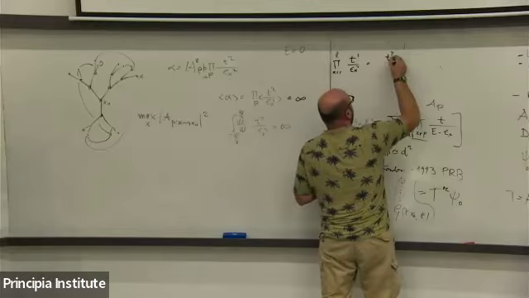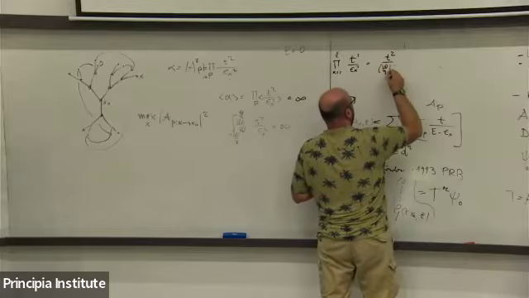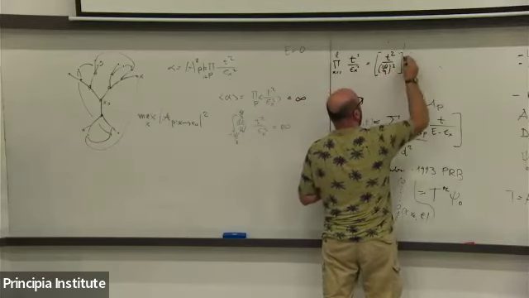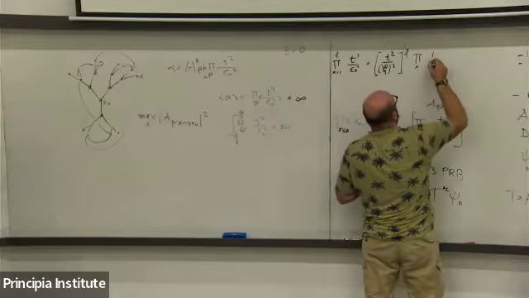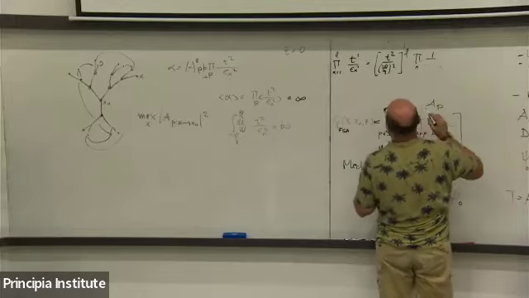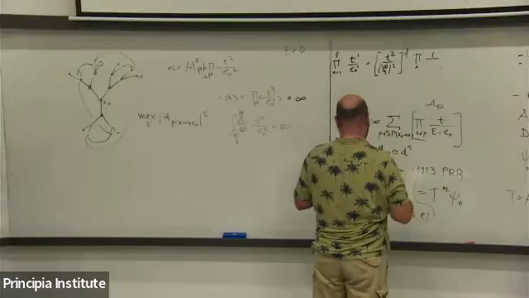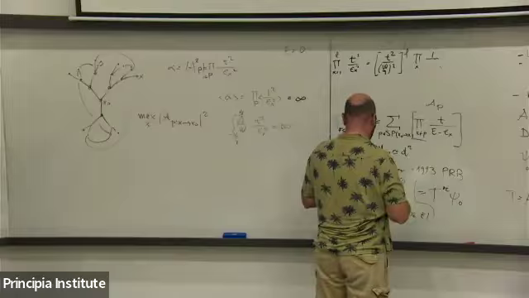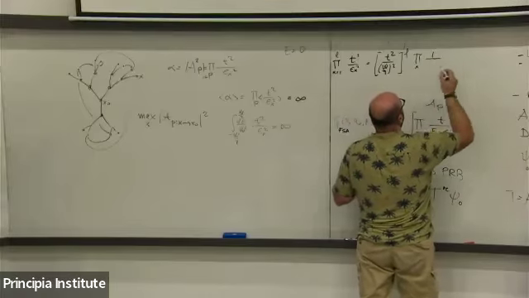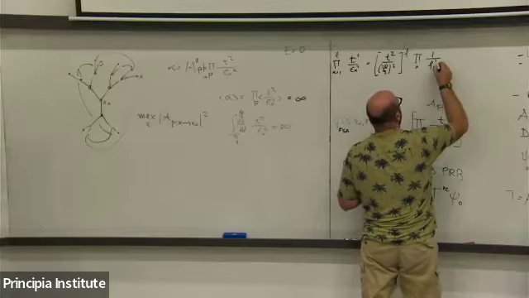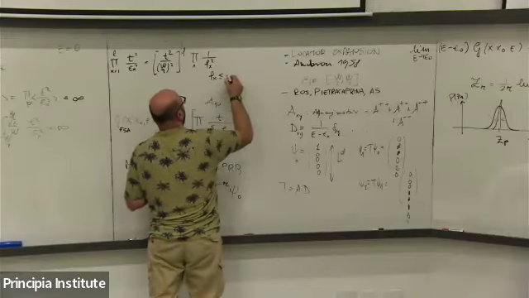This is t squared divided by w half squared, everything to the L. Product over x of 1 over f x squared, where f x now goes between minus 1 and 1.